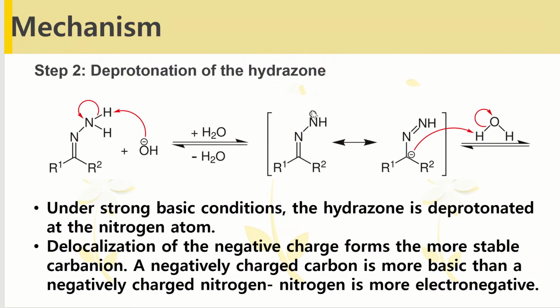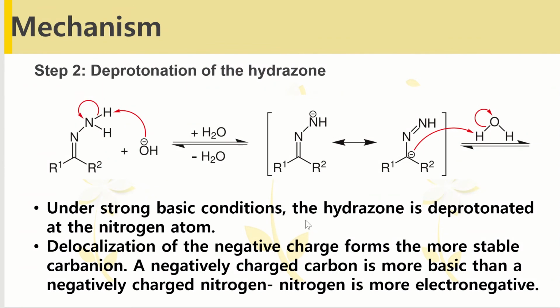So if we were to draw our arrow, it would start on the nitrogen, end on our bond here to form our double bond, and then the other arrow would start here and end on this carbon, which is why we have a negatively charged carbon here and the nitrogen-nitrogen double bond, right? So once this resonance structure is formed, then this carbanion can pull a proton from water, right? So that is the next step.